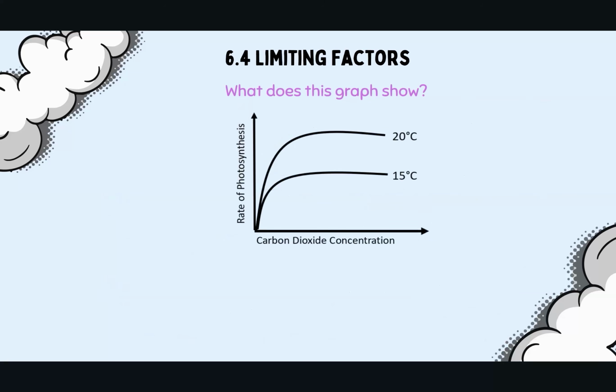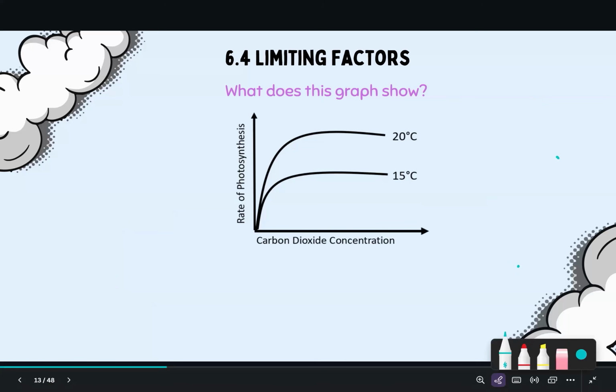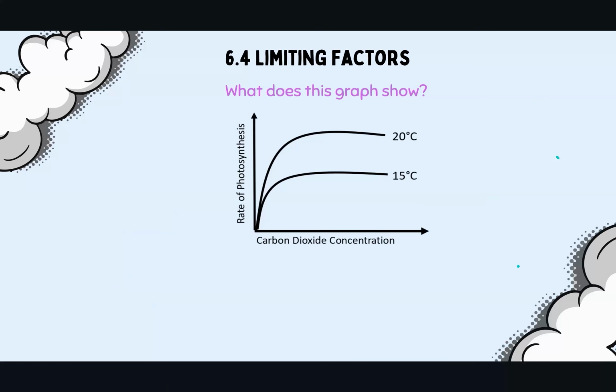Okay, now what does this graph show? So let's look at this. Initially, what it's showing is as the carbon dioxide levels increase, the rate of photosynthesis increases up until we get to a certain point at which carbon dioxide is no longer a limiting factor.